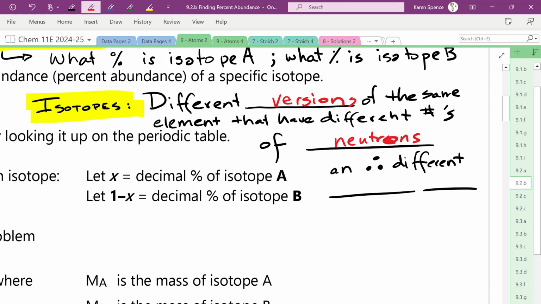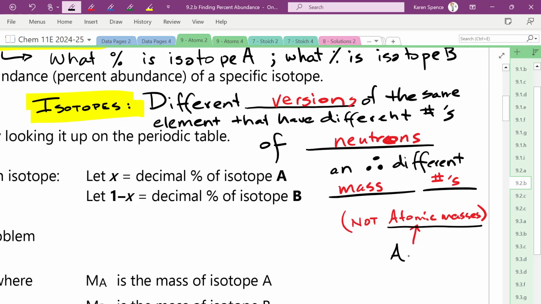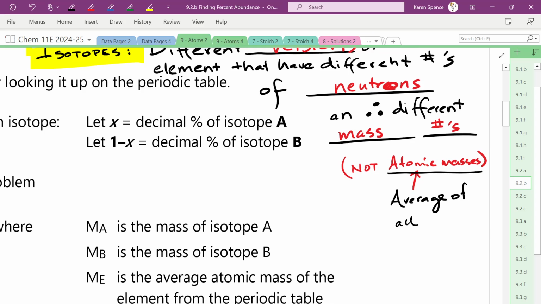Neutrons, and because they have different numbers of neutrons, they therefore have different mass numbers. Not atomic masses. Because remember, the atomic mass is the average of all naturally occurring isotopes.